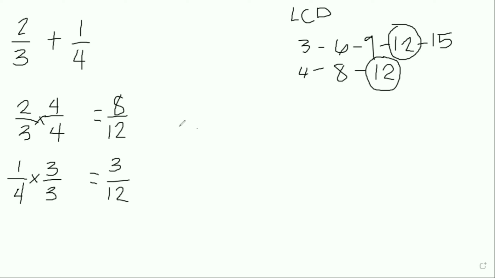Ngayon, meron na tayong similar fractions, which is 8 twelfths. And then, addition pa rin yung gagawin natin, plus 3 twelfths. Once again, ipe-perform lang natin ang operation sa numerator.